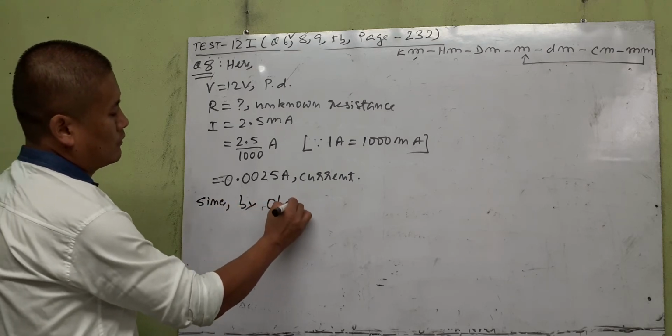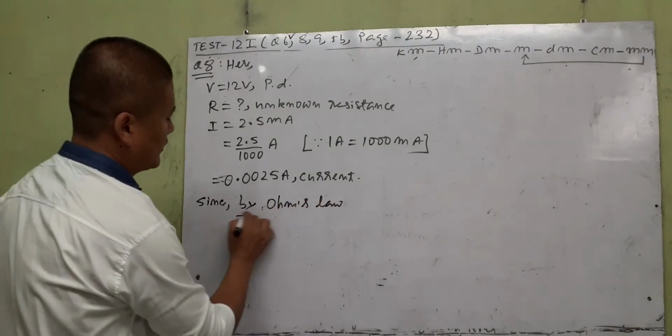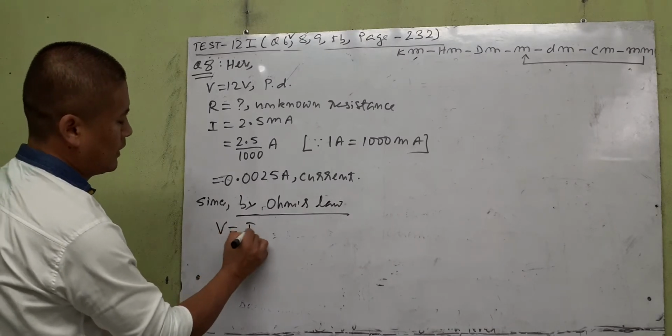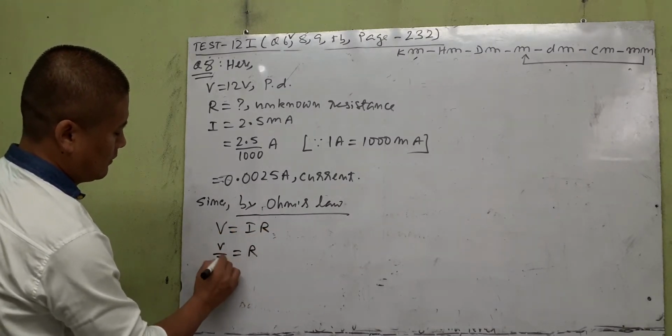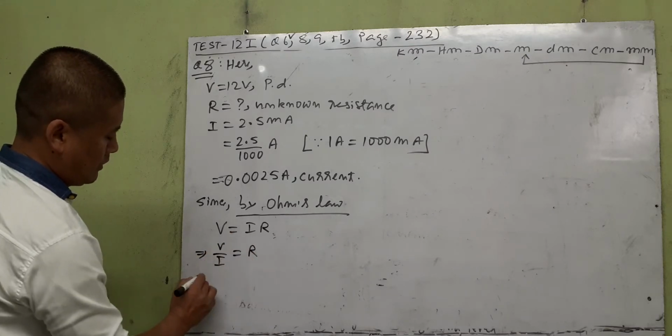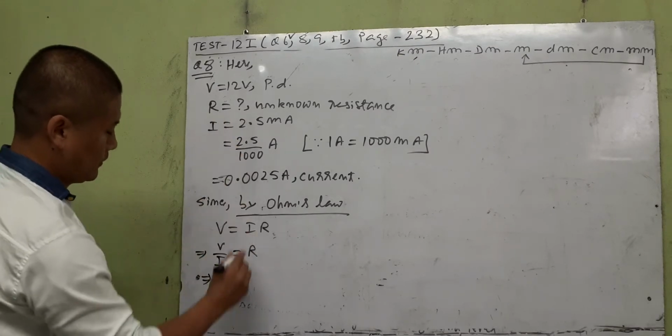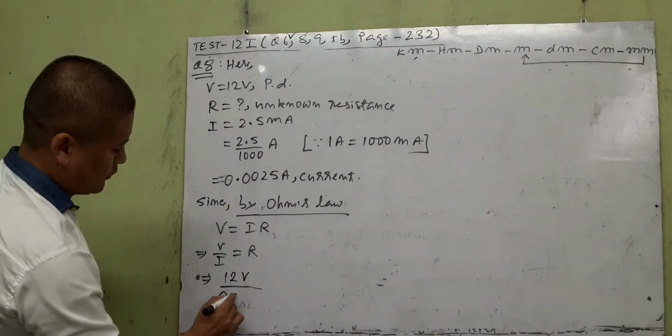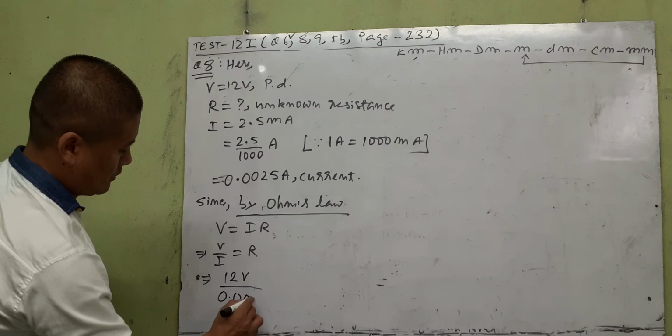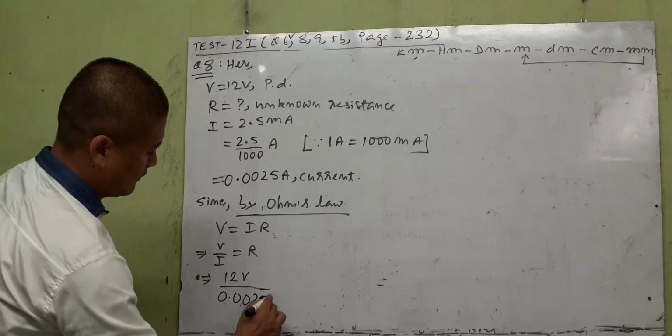By Ohm's law, we know the famous equation, V is equal to I into R. So we need to find R, so that will be V divided by I. V is here, 12 volt, divided by I, which is 0.0025 ampere.